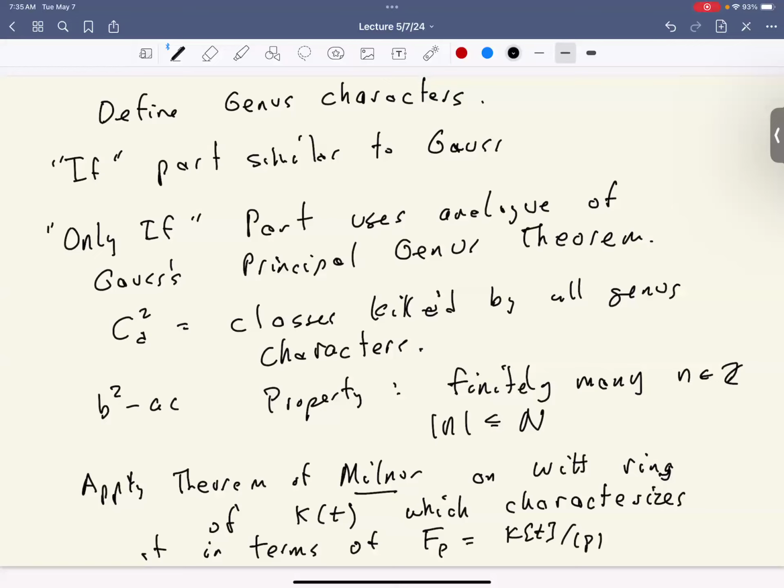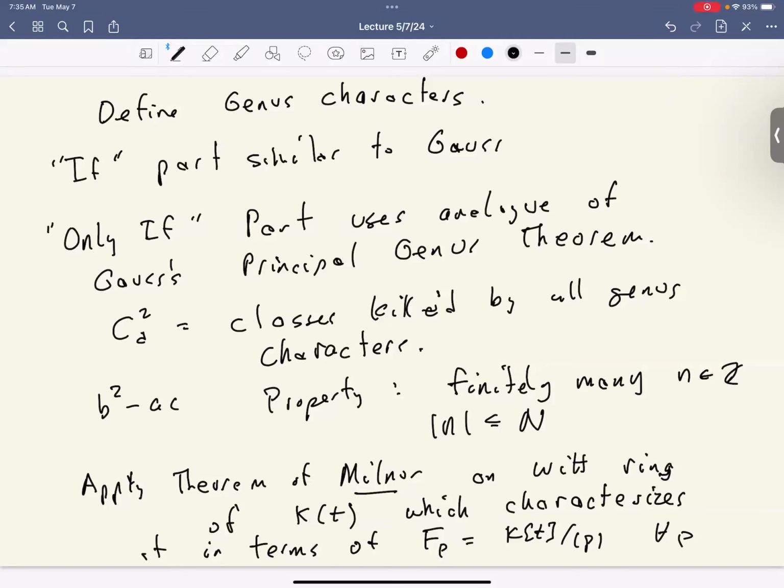You can think of this as a number field. But anyway, it's in terms of this for all P. For all P, right? So that's a huge set. But he doesn't use any kind of finiteness property of polynomials of bounded degree.